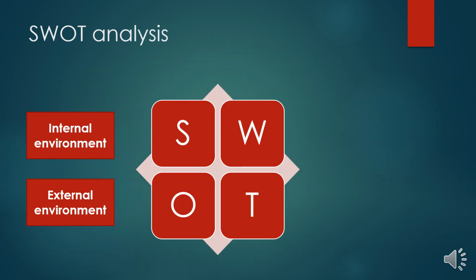Another famous tool that we can use in the situation analysis is SWOT analysis. In SWOT analysis, we can examine our strengths and weaknesses, which are related to the internal environment, and also we can analyze opportunities and threats within the market, which are related to the external environment.